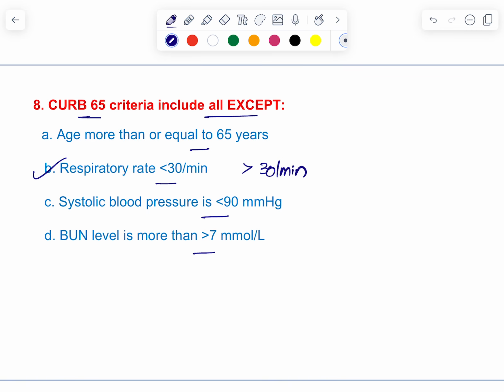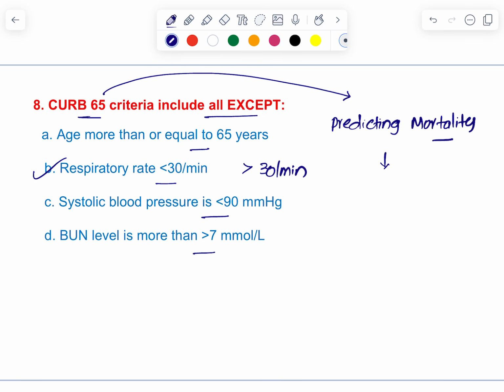The importance of CURB-65 is that it is useful in predicting the mortality in community acquired pneumonia patients.